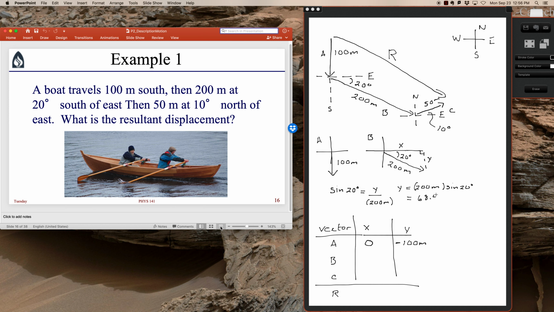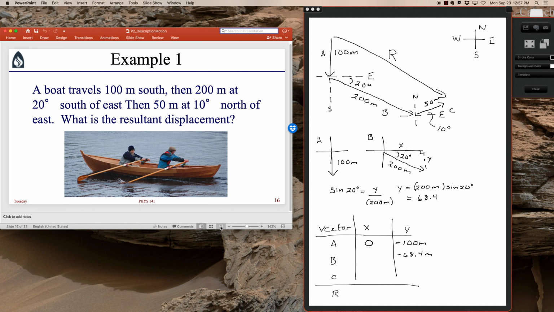Okay, so then I can put that into my table. The y component has a length of 68.4 meters, but then I'll notice that it's in the negative y direction. The B vector is pointing below the x-axis. It's pointing in the negative y direction, so I'd better put a minus sign here.